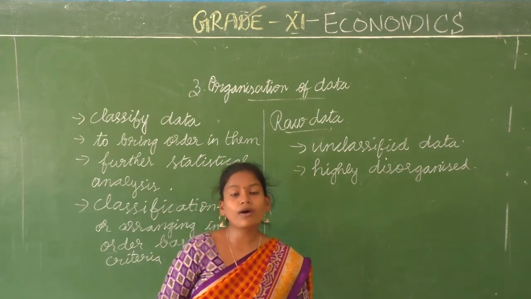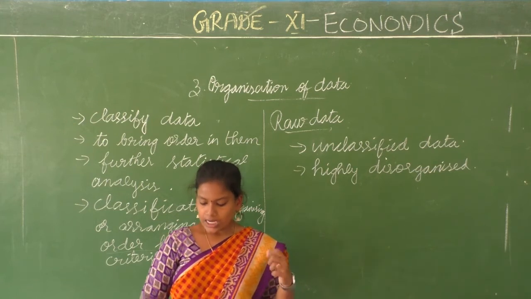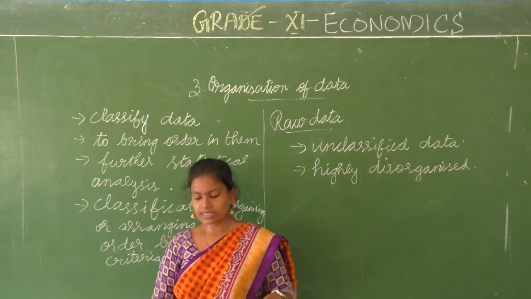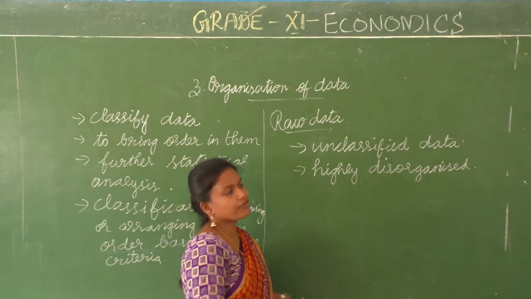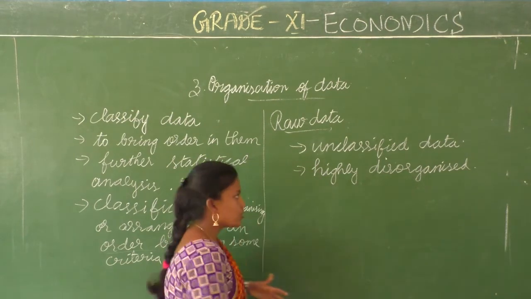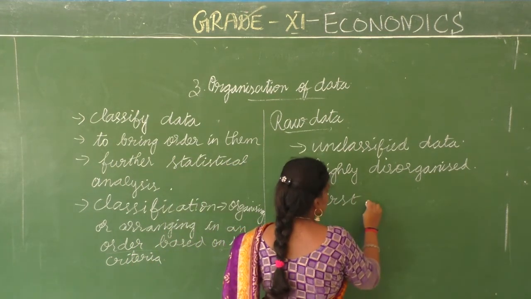Alright, so what do you do after collecting data? The immediate step. First we discussed collection of data. The next step is to organize and present them in a classified form. Okay, you have to classify it and you have to present it. So which is the first step in statistics?